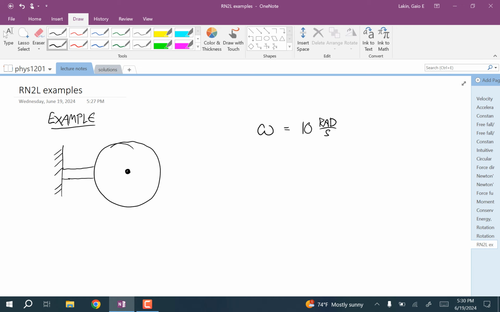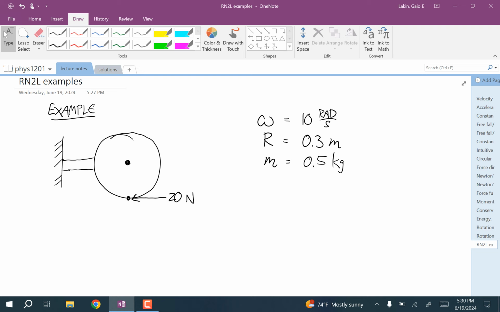And we'll say that this point here has a force applied to it of 20 newtons. This disk will say has a radius of 0.3 meters and a mass of 0.5 kilograms.